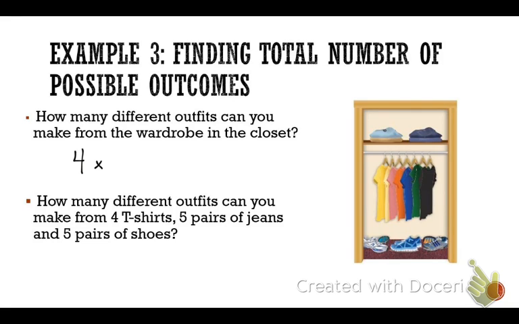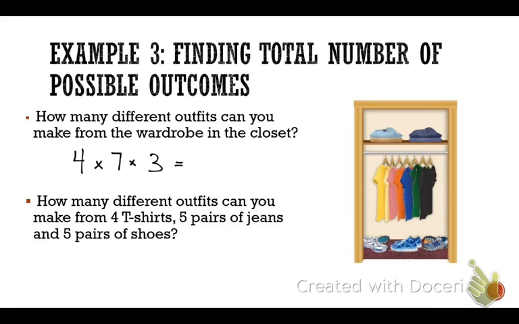How many shirts do I see? 7. Yeah, 7. I know they kind of blend together. And how many pairs of shoes do I see? 3. So I take those 3 numbers, and my fundamental counting principle says if I multiply the number of possibilities for each category together, it will give me the number of combinations.